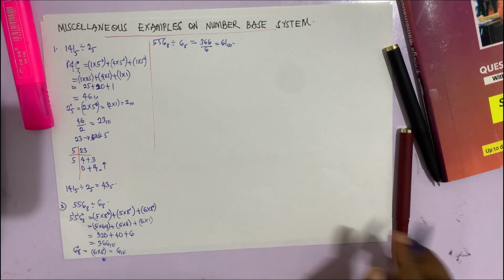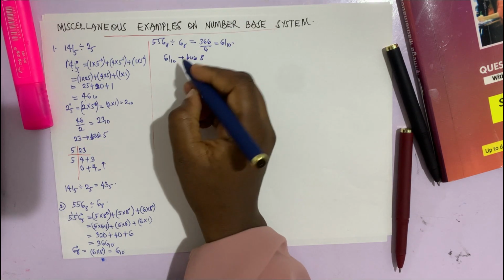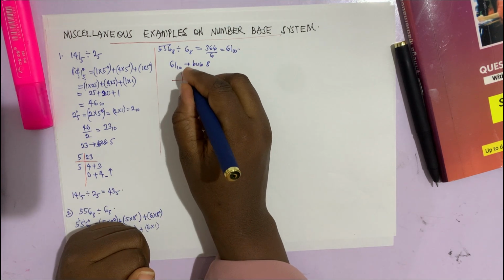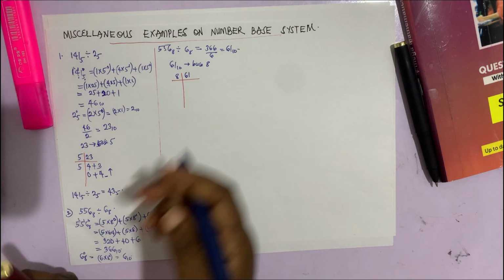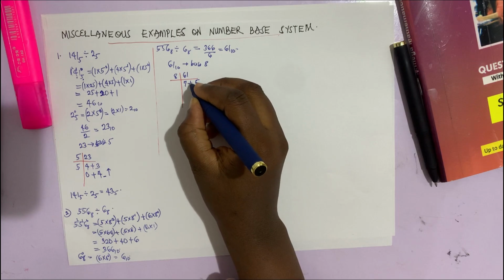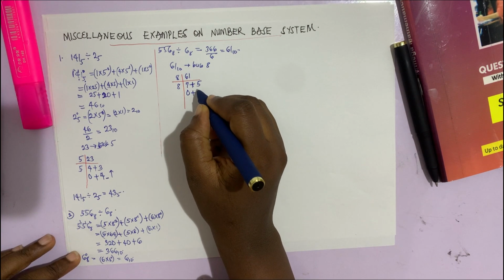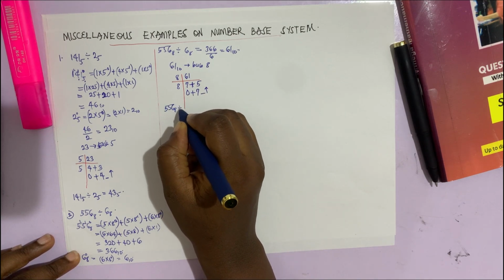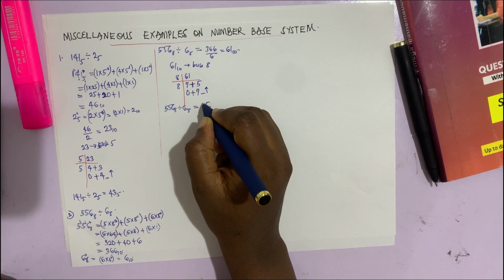Converting this back to base 8, we continuously divide 61 by 8. 61 divided by 8 would give us 7, remainder 5. 7 divided by 8 is 0, remainder 7. So therefore 556 base 8 divided by 6 base 8 will give us 75 base 8.